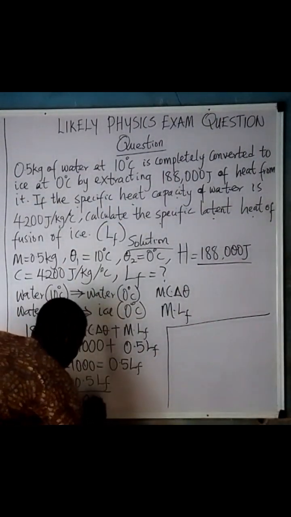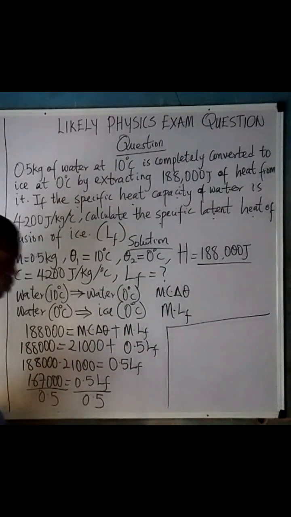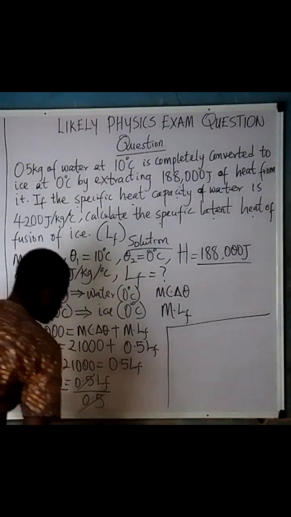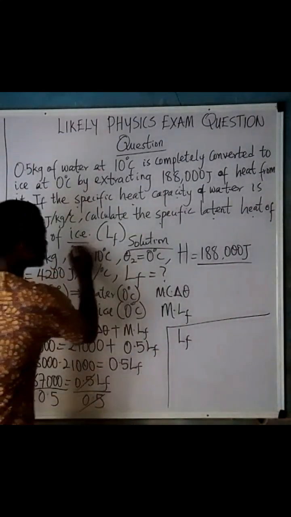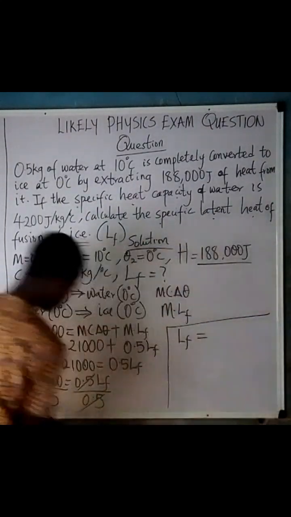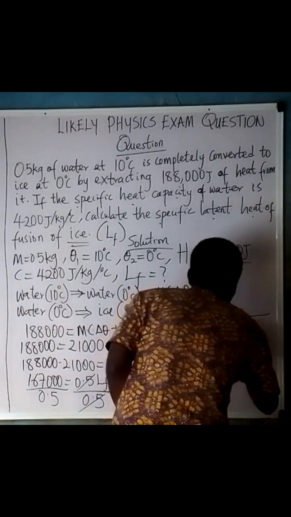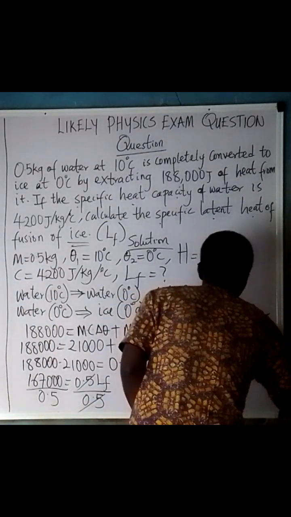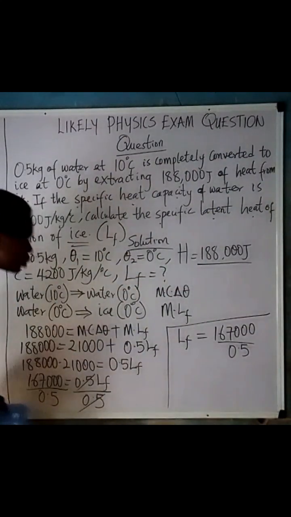So over 0.5, over 0.5. So 0.5 will cancel 0.5. L subscript F will now be equal to 167,000 over 0.5. So basically that is what we now have.